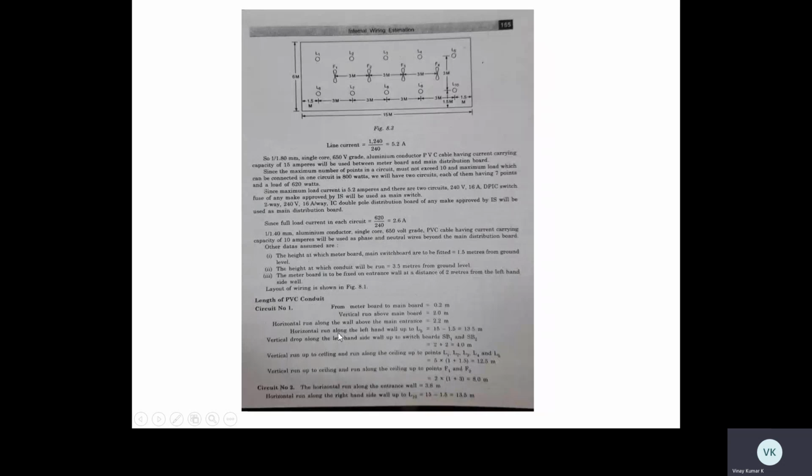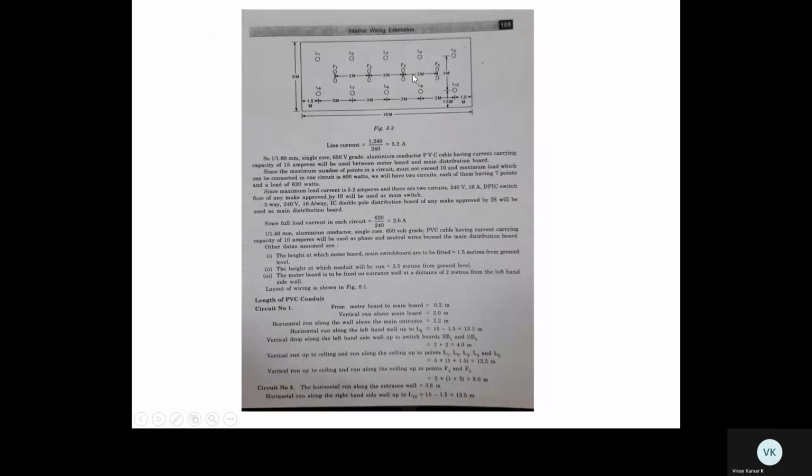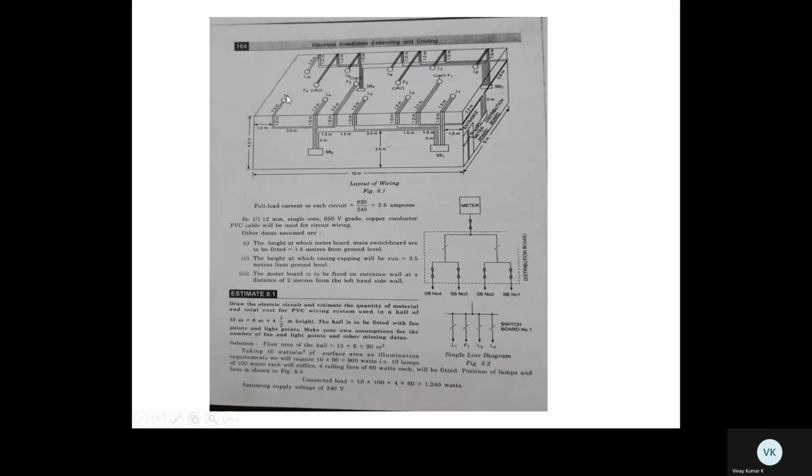Then the horizontal run along the left hand wall up to lamp 5. This is lamp 5. This is about total 15 meter.